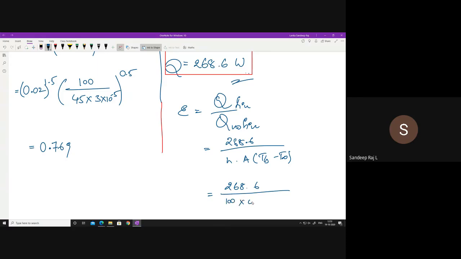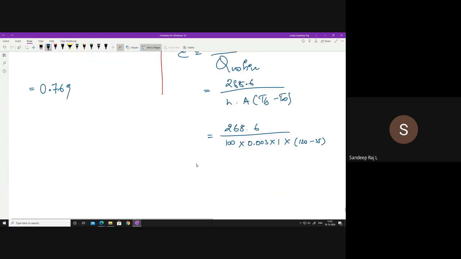The thickness is 0.003 and the length is given as 1, this will constitute the area. And the TB minus T infinity is 120 minus 35. So tell me what is the effectiveness? 10.55 is your effectiveness. And the effectiveness will not have any unit.